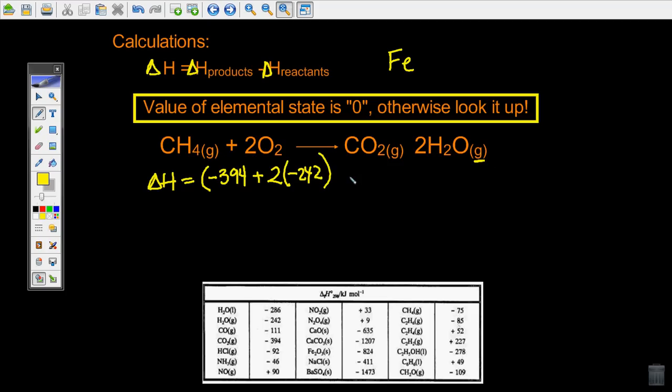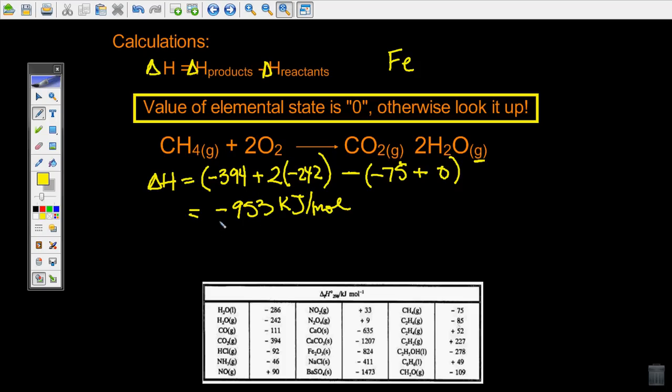Okay, so that's my products minus, I have 1 methane, my methane, negative 75 plus, this is diatomic now, so it's in its elemental state, so it's 0. And when you do the math, you should get negative 953 kilojoules per mole.